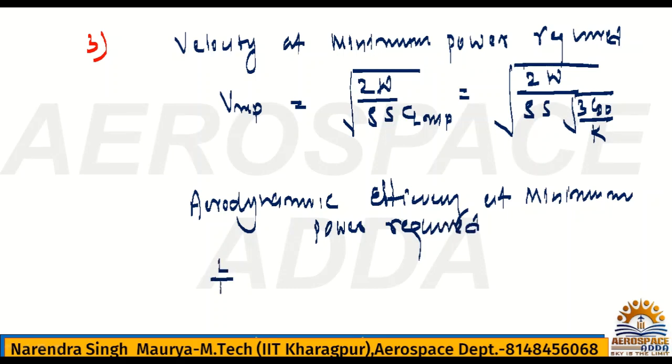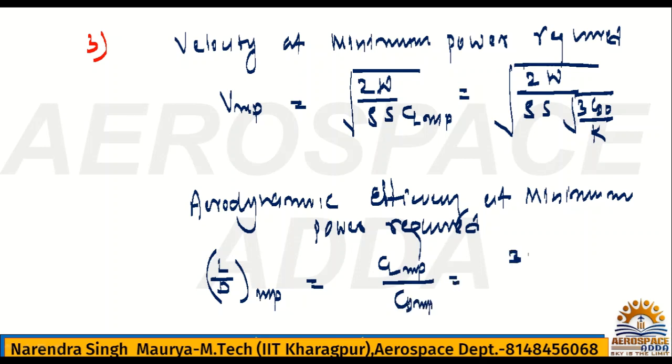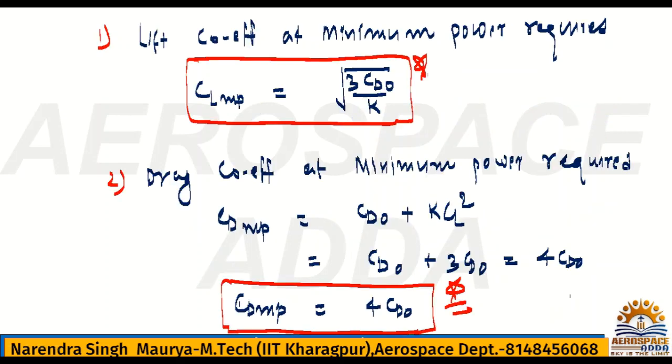So you can say L by D. At minimum power, what is L by D? CLMP by CDMP. What is the CLMP? 3 CD naught by K. What is the CDMP? It is 4 CD naught. Here check this one. Keep this value.